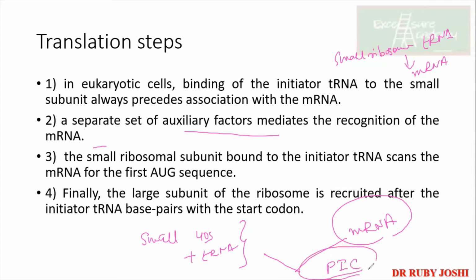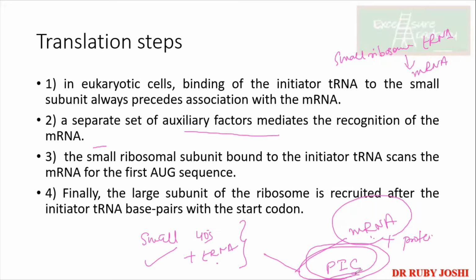Are you able to get this point? Yes, Tanvi, are you able to follow? What has happened here? First, a complex of the small ribosomal subunit along with the tRNA forms. After that, a complex of mRNA plus other proteins forms. When these two come together, the pre-initiation complex forms. Is this much clear to both of you?